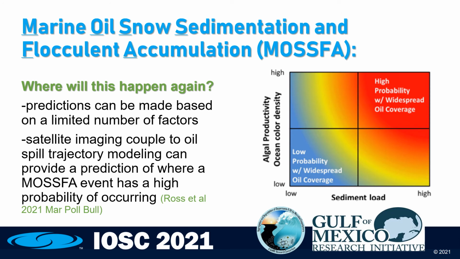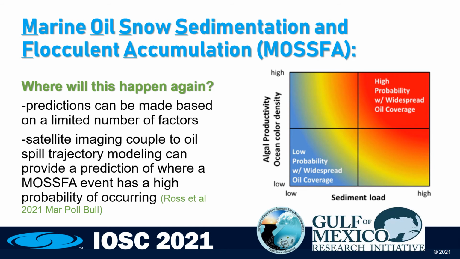And going forward, where will we likely see either a MOSSFA event happening again, or perhaps just marine oil snow forming? Based on information that we've gleaned in the last decade, we can start to develop complex models, but we can also, as shown in this diagram, develop very simple conceptual diagrams to start making predictions.